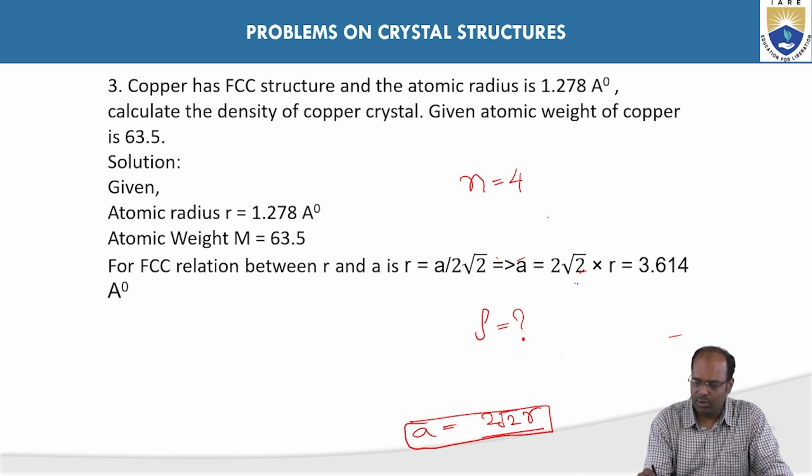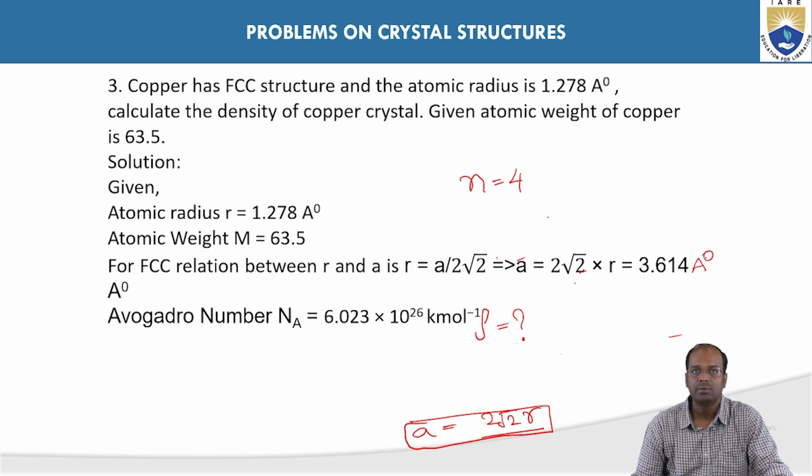So a is equal to root 2 into 1.278 into 10 to the power of minus 10. It is already in angstrom, so we can keep it in angstrom. 1.278 into 2 root 2, nothing but we are getting 3.74 angstroms.